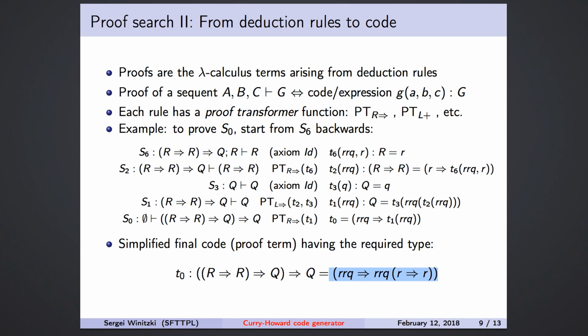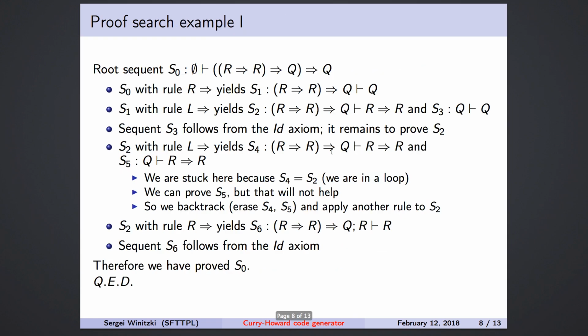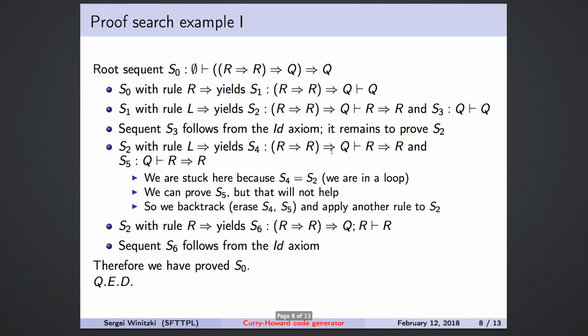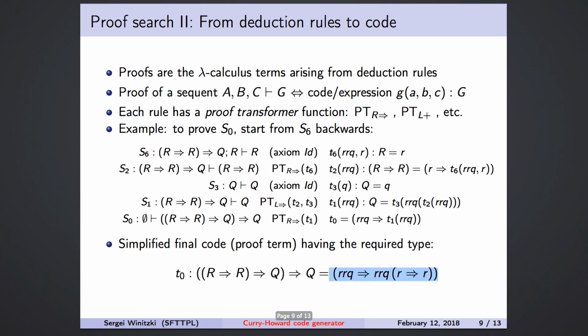Because you see, there are many choices of what rule to apply. You can apply this rule and you get a proof, or you can apply that rule, you get another proof. Or you can apply this and this and this, and so on. So the library goes through all of those things. And finally, you get lambda terms.